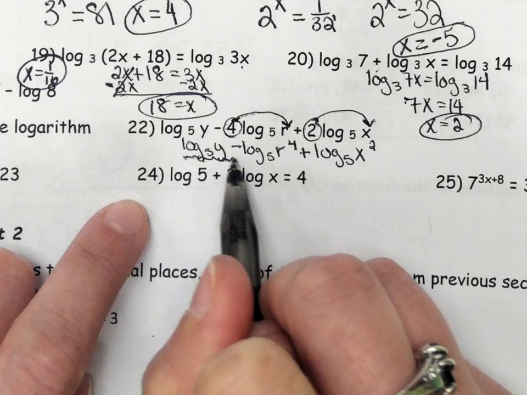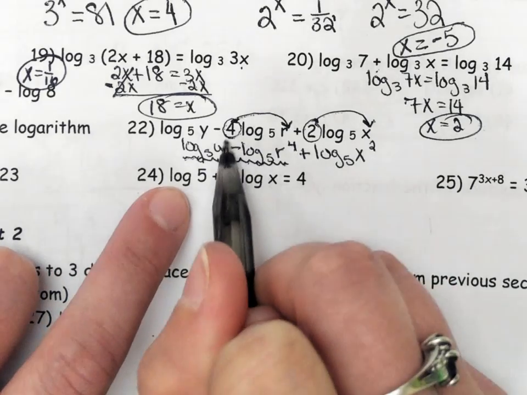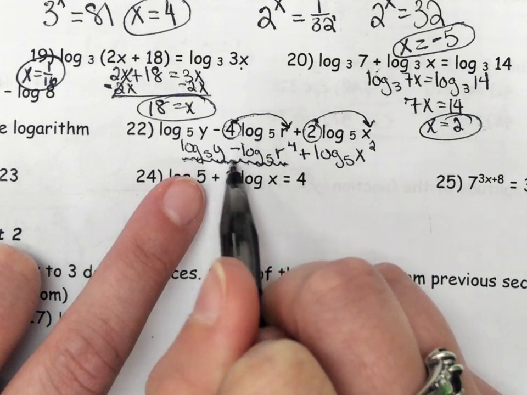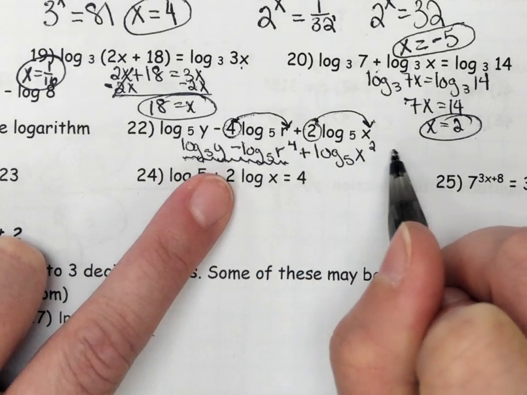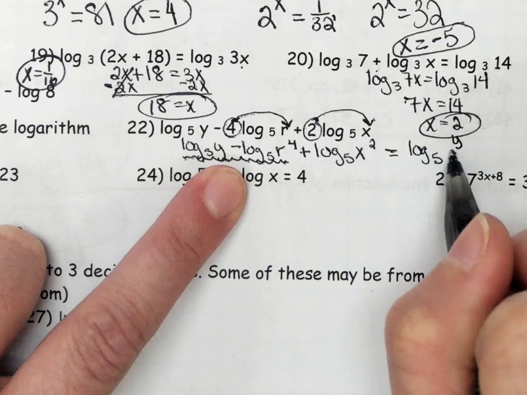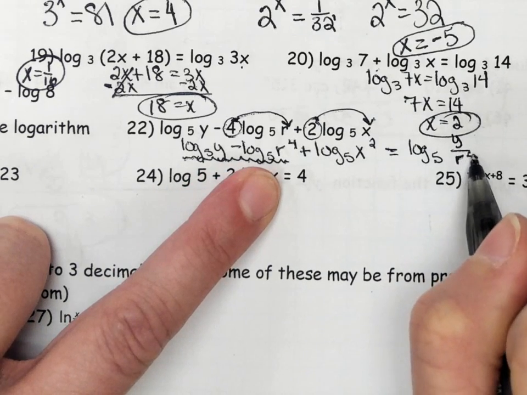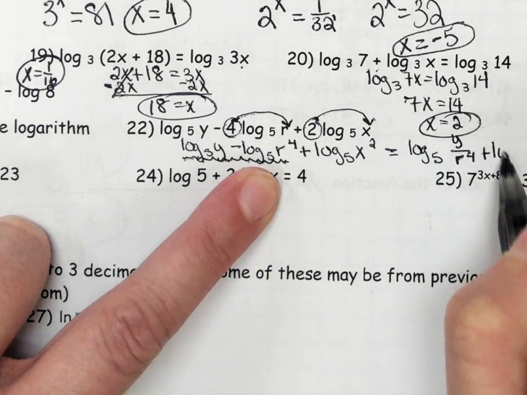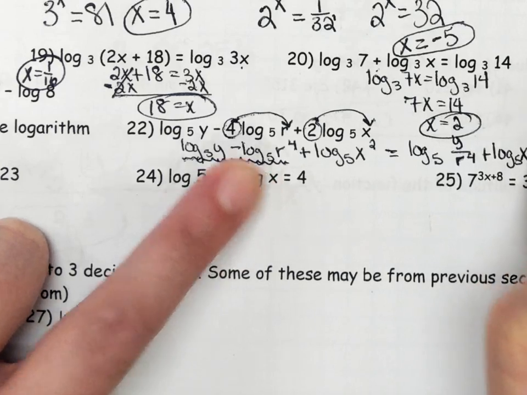All right, let's look at these two first. Subtraction. What did subtraction mean to do? Divide. Very good. So you do log base 5 of y divided by r to the 4th. And then plus log base 5 of x squared.